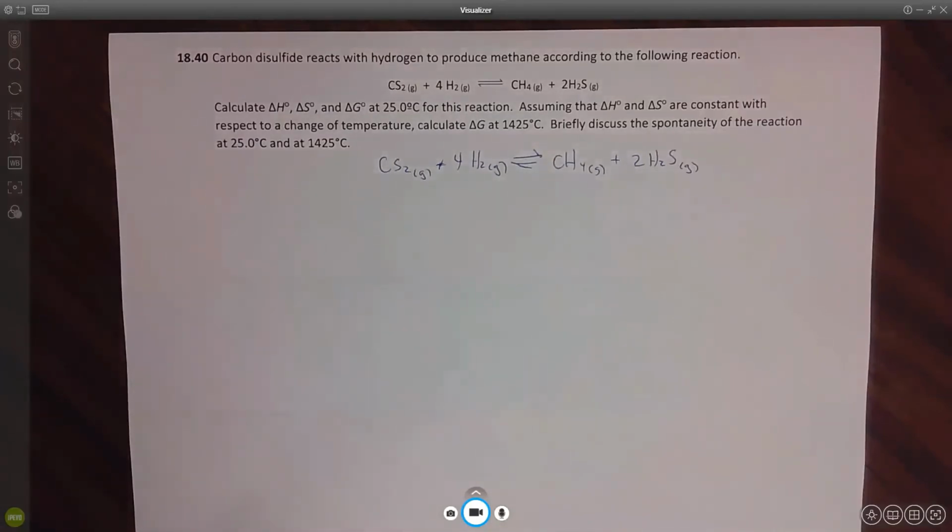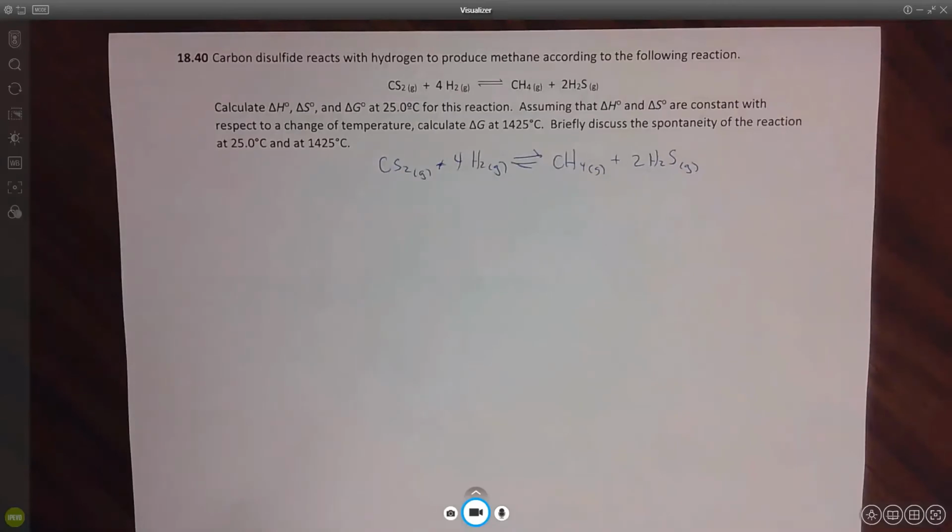Would I use all three summation laws for del H, del S, and del G? I mean, you could. I would certainly not mark it wrong, but is there an easier way? Because using the summation law takes a while.